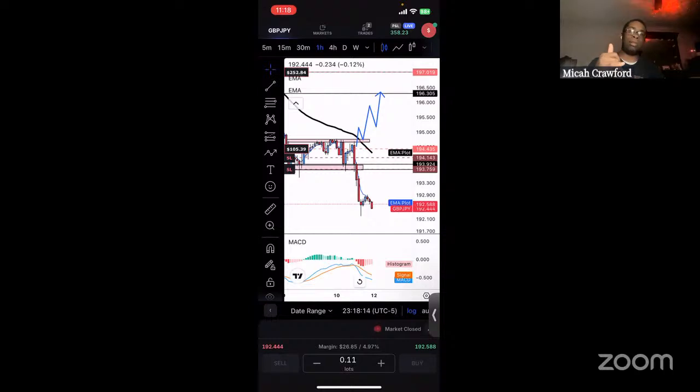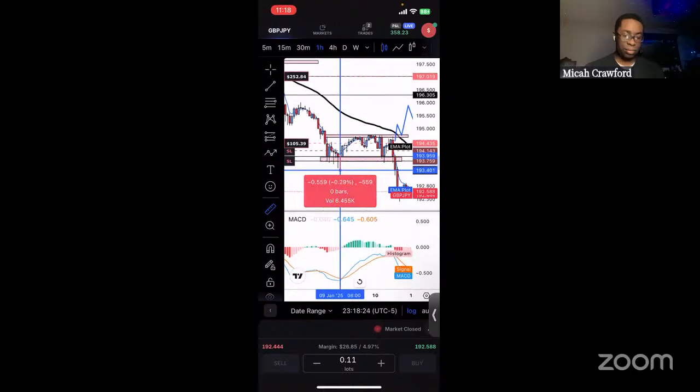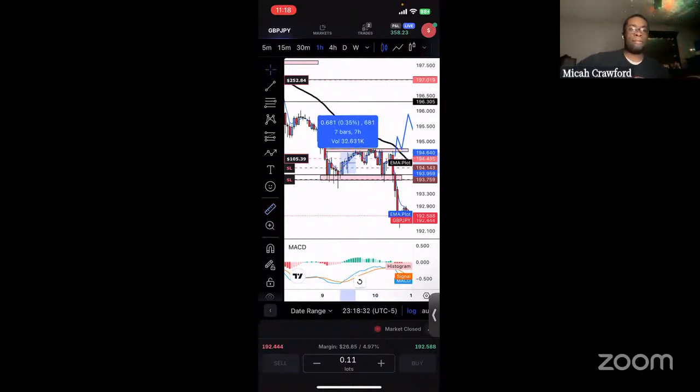So the person that was in this buy, were they wrong? No. Why? Because if they were looking for, let's say, 50 pips, did they get 50? They did.